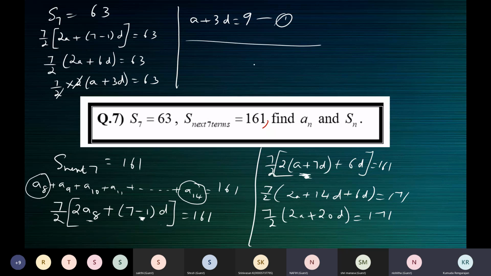I'll continue here. So 7 by 2, 2 is common, A plus 10d is equal to 161.